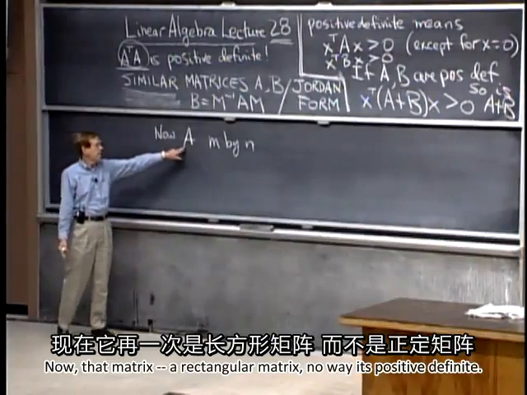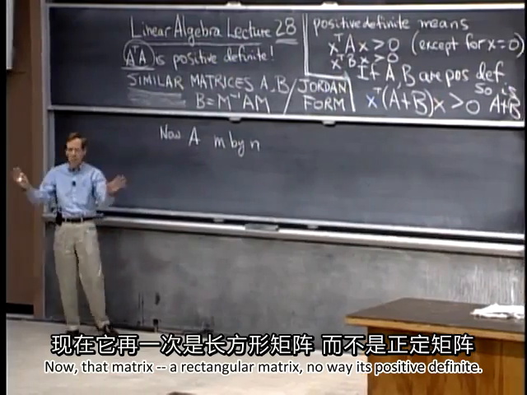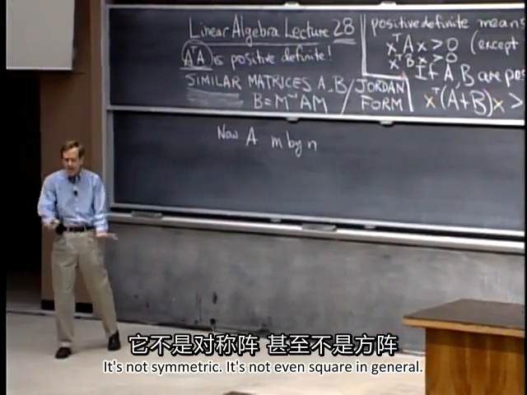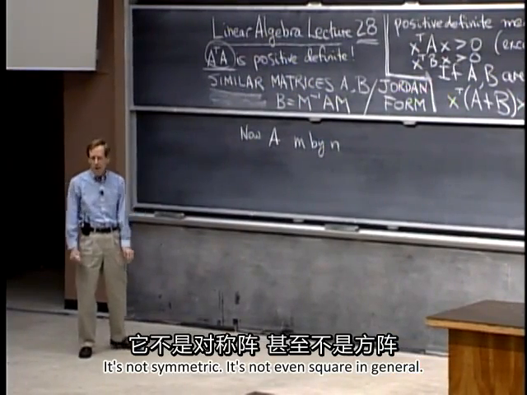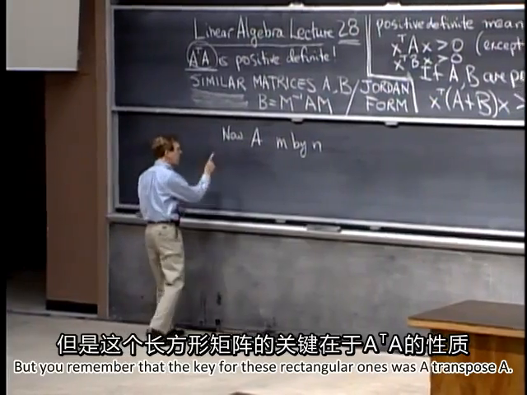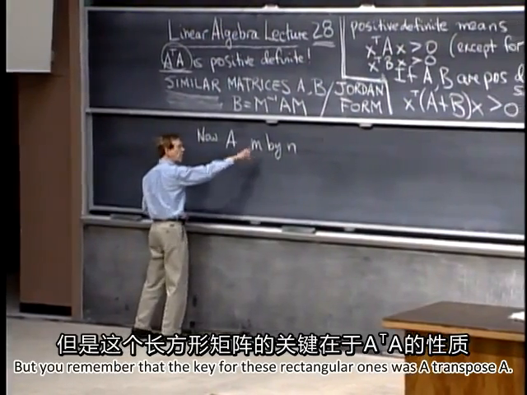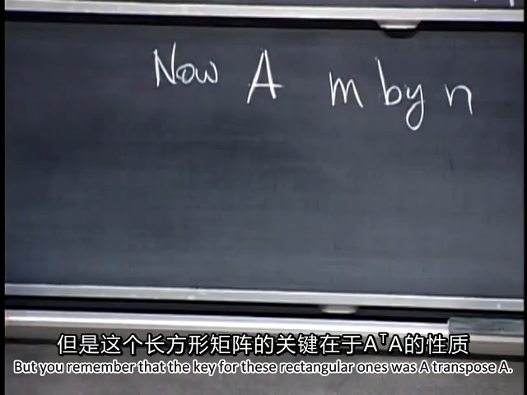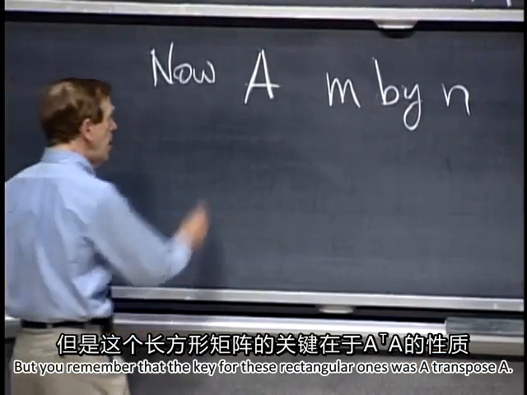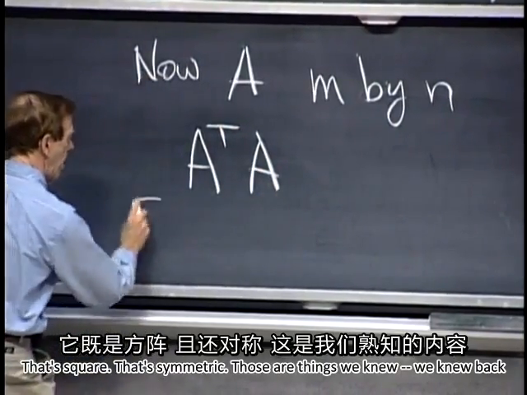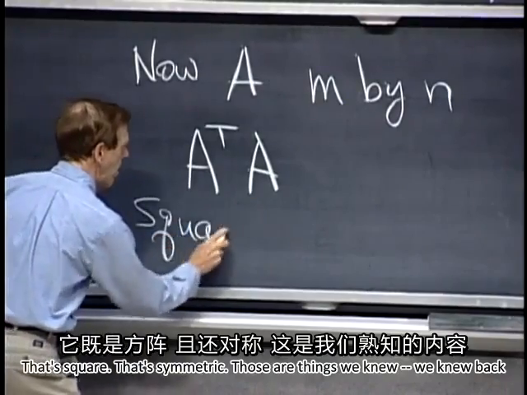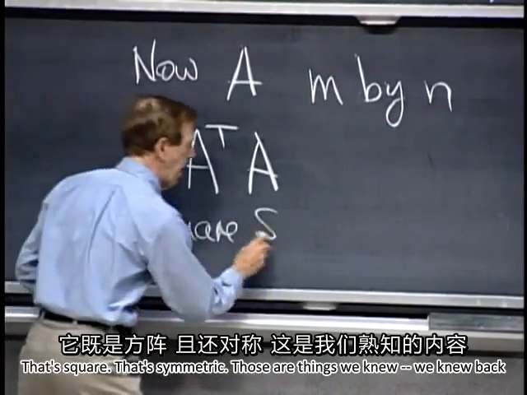Now, that matrix, a rectangular matrix, no way it's positive definite. It's not symmetric. It's not even square in general. But you remember that the key for these rectangular ones was A transpose A. That's square. That's symmetric.